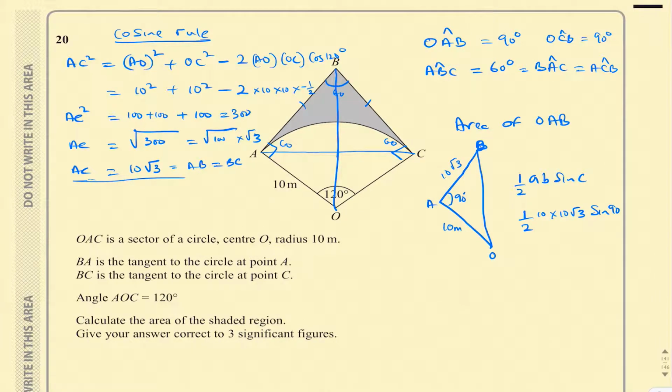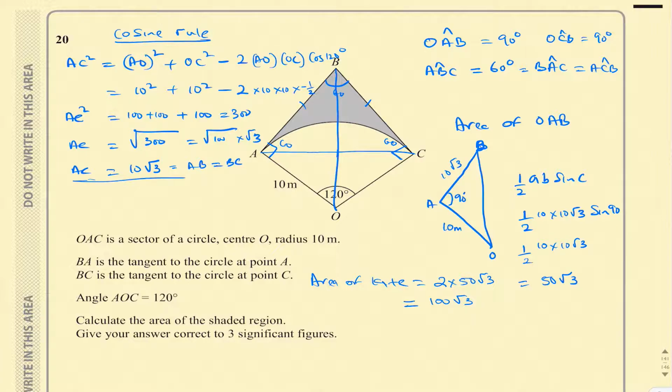So that will be a half times 10 times 10 root 3, which is 50 root 3. So for a full kite, times 2, the area of the kite will be two times 50 root 3, and that will become 100 root 3.